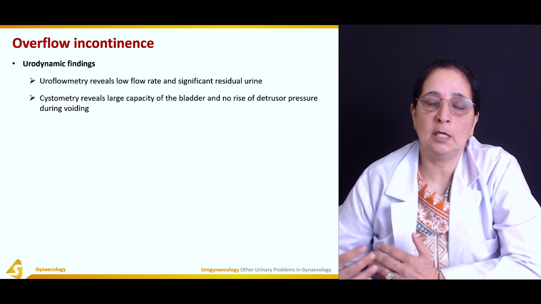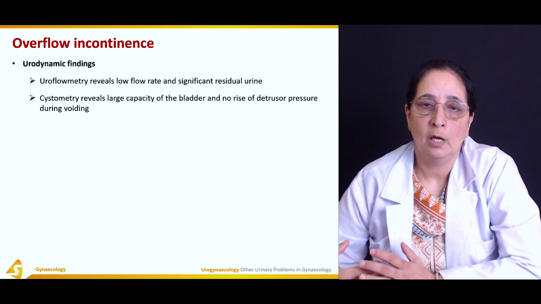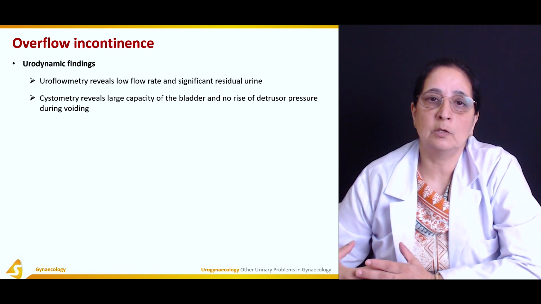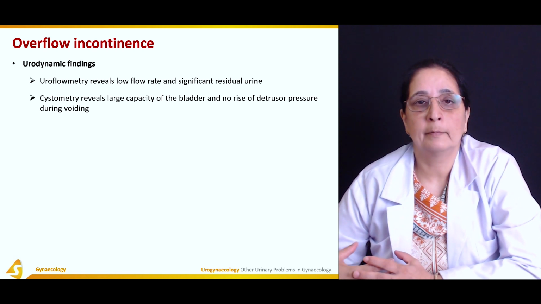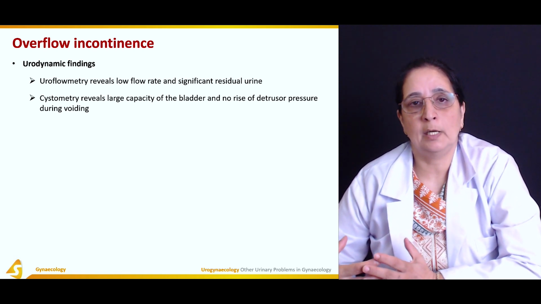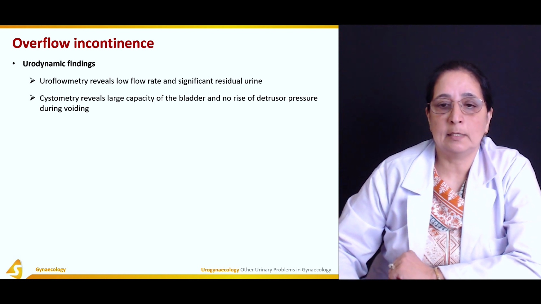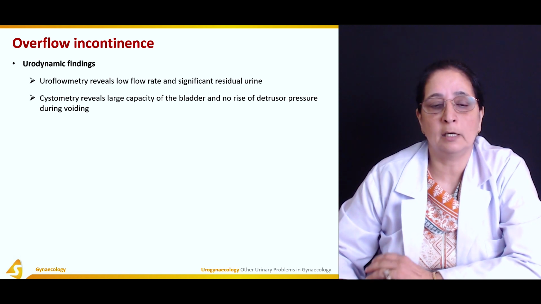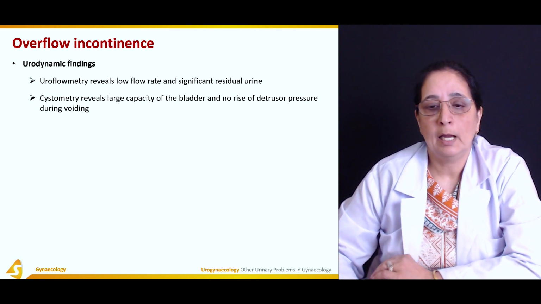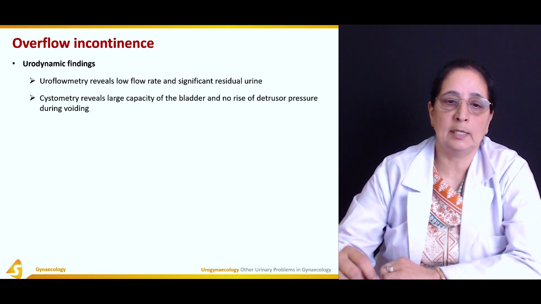Once the bladder is filled with the residual urine, or if the urine flow is not good enough, then the bladder becomes filled with urine and there is overflow incontinence. It reveals large capacity of the bladder on cystometry, and there is no rise of detrusor pressure during the voiding.